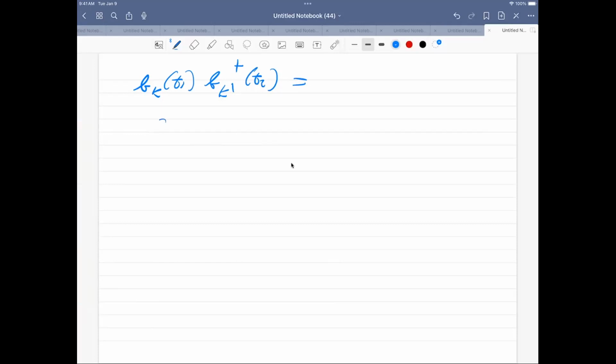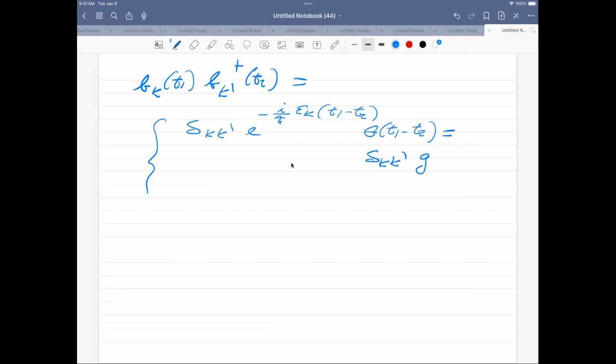And this is equal to a delta_kk' e^(-i/ħ ε_k (t1 - t2)). So t1 is larger than t2 in this specific case, multiplied with theta of t1 minus t2. And this is given by a delta_kk'.